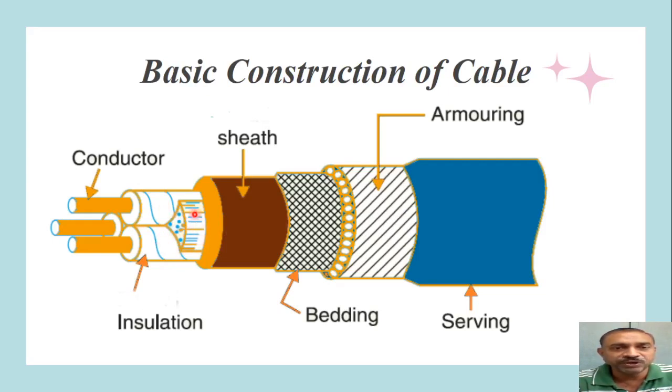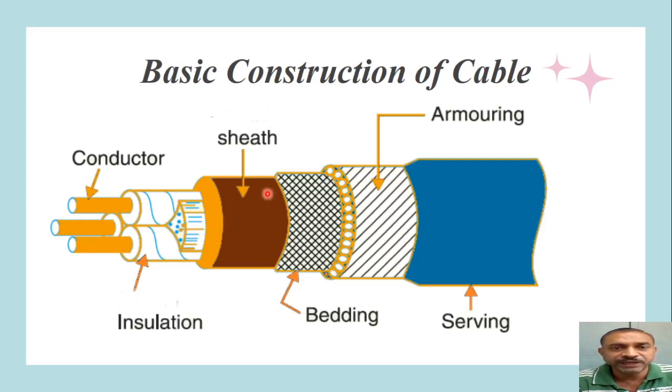The entry of moisture lowers the insulation resistance of the cable. So for this, a third layer is used, the sheath. The sheath is a metallic part that avoids the entry of moisture into the insulation in order to retain and protect the insulation resistance of the cable.